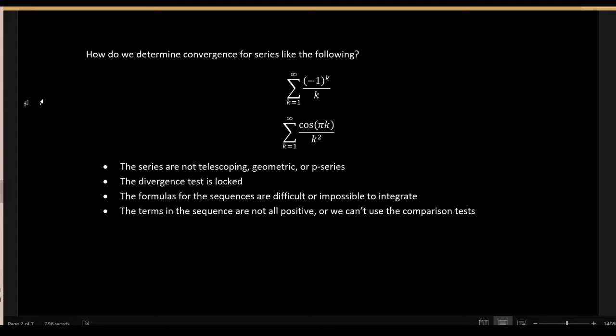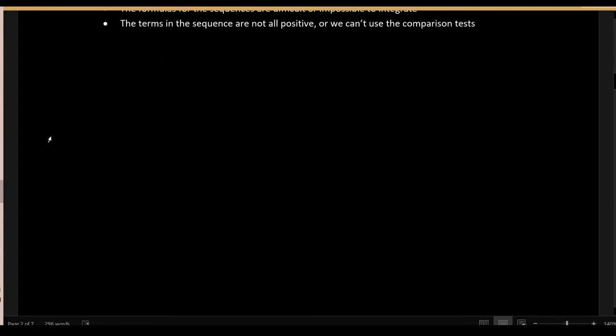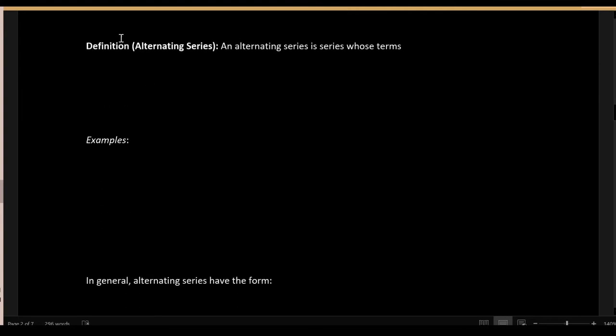So in situations like this, let's introduce, I suppose this is the 8th test for us, called the alternating series test. And the first thing that I want to tell you is exactly what is an alternating series.